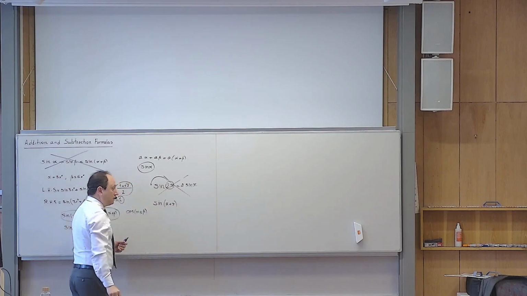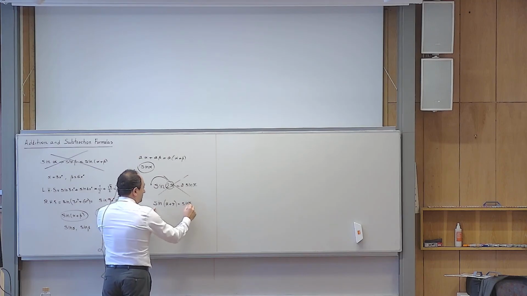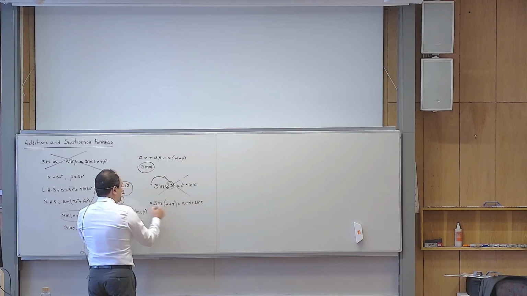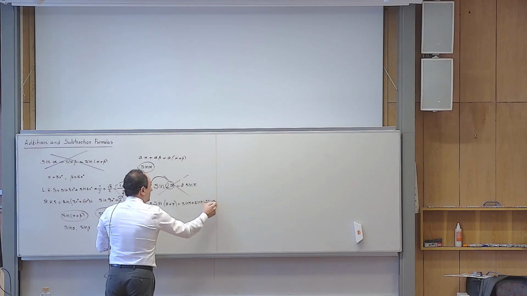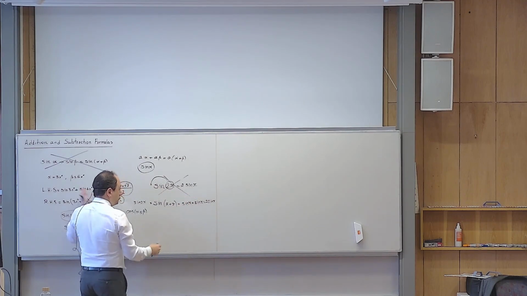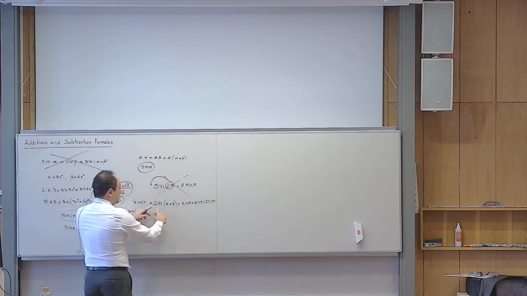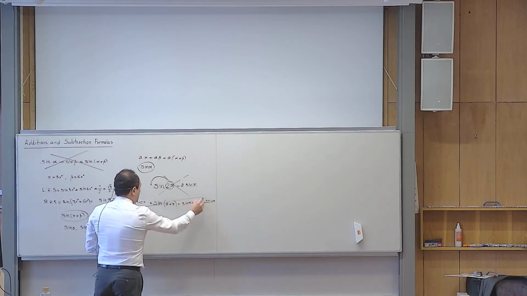If I were allowed to move sine in, then of course you are right. Then I could write sine x plus sine x. On the one hand, this is sine 2x. On the other hand, this is sine x plus sine x, which is 2 sine x. In that situation, yes, this would be correct. But right now, we realize that it is not allowed to do something like this. So that's totally wrong.